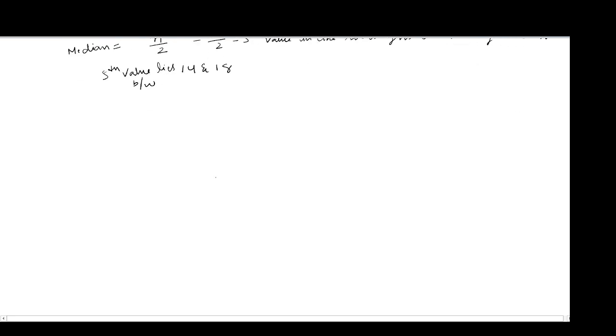Then how to decide? Therefore, median is equal to 14 plus 18 divided by 2. So that is 32 divided by 2, which is 16. Therefore, median is equal to 16.